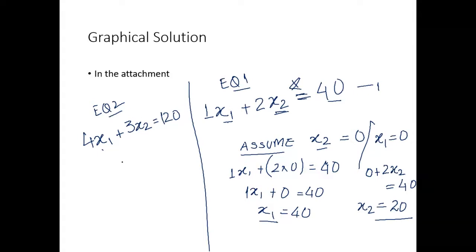Try to solve it yourself. Just do the same process as we did, and we'll have 4 values, x1 and x2. So take your time and just solve yourself. 4x1 plus 3x2 is equal to 120. So find the values of x1 and x2 for constant number 2.